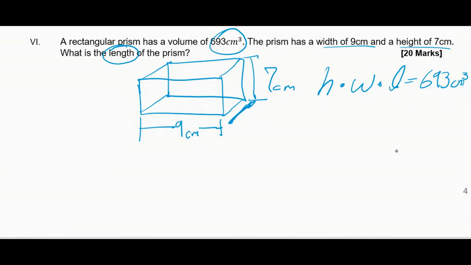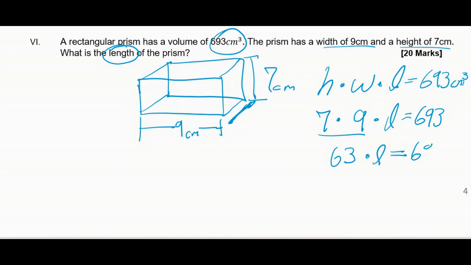We have two of these measurements: the height is 7, the width is 9, and we don't know the length, but we have the result, which is the total volume, 693. So we can say 7 times 9, which is 63, times L, the length, is 693 cubic centimeters.